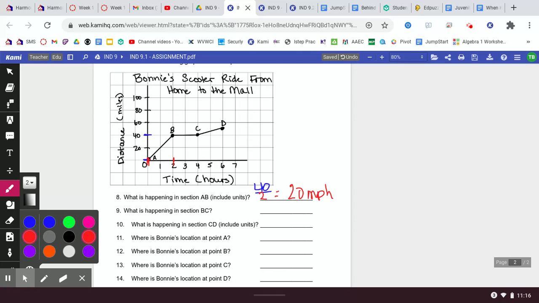Okay. Dylan, what is happening in section BC? Stopped for what? Yep. Stopped for 2 hours. Okay. You need both. And that's what I was saying here. You really need that it was for 2 hours, because you need the stopped, which is the distance traveled, and then the time is 2 hours.